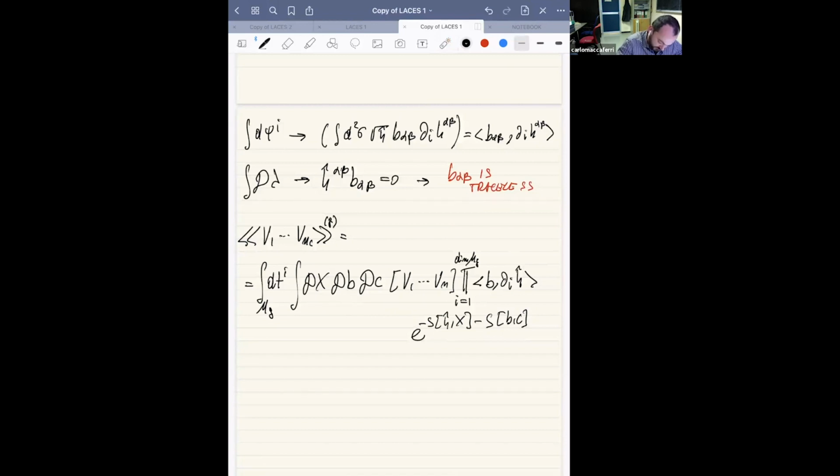And so if we want to be concrete, S_BC, so this is, let's say, Faddeev-Popov, is precisely 1 over 2 pi, the integral d square sigma square root of h hat B alpha beta P1 C alpha beta. Okay.